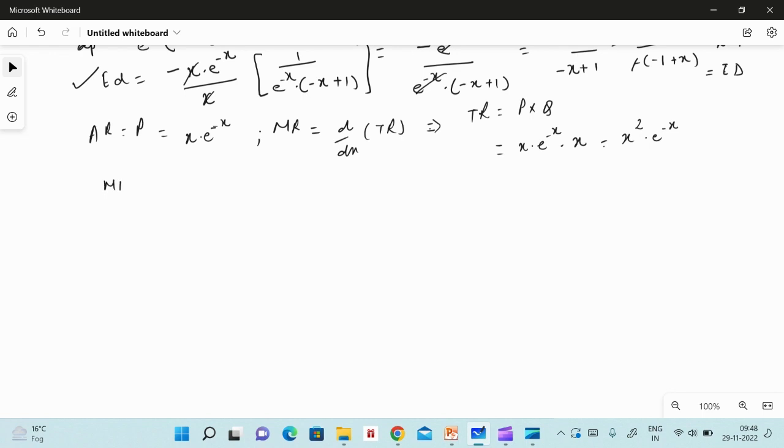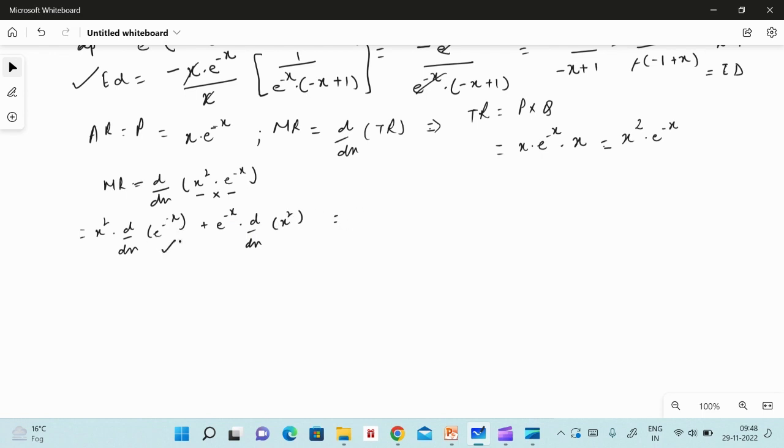Now taking the derivative for marginal revenue, or you can say total revenue, that is x square into e power minus x. So we will apply the product rule here because the sign of multiplication is there between the two variables. It will give me x square into the derivative of e power minus x plus e power minus x into the derivative of x square.